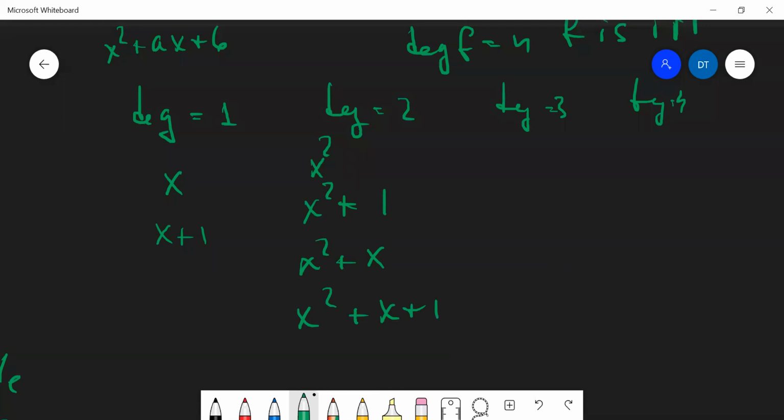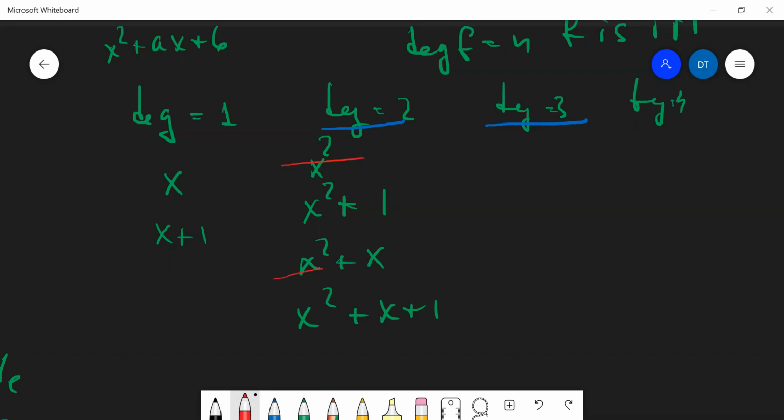Now, how do you recognize irreducible polynomials? There are 2 possible options. In the case of degree 2 and 3, we have this powerful tool. It's enough to check that the polynomial has no roots. So we just substitute 0 and 1 and see what the result is. X squared gives 0 if you substitute 0.